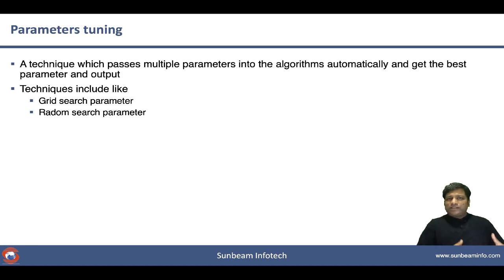Now once we start calling those algorithms, we are calling those functions, we need to pass different parameters. Now once we start passing the parameters, we'll start getting the result. But how would we know what is the best value for that parameter? The technique of parameter tuning will decide what is the best value for it by using different techniques like grid search or random search.